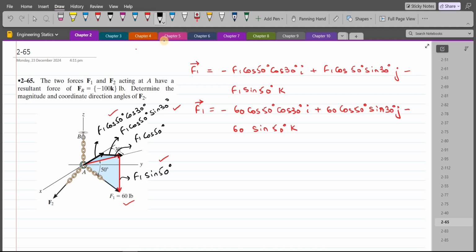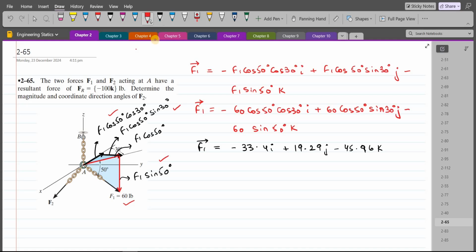And if I simplify it, it would become negative 33.4 i plus 19.29 j minus 45.96 k.